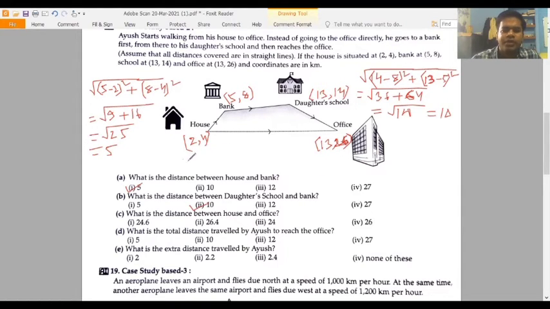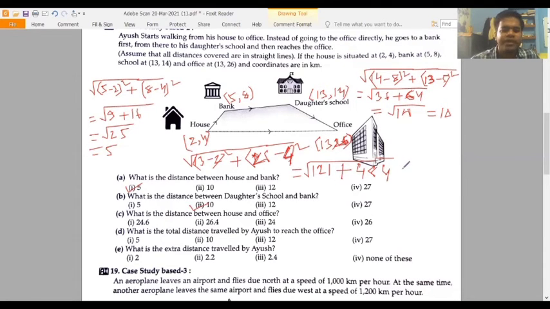Same formula: 13 minus 2 whole square plus 26 minus 4 whole square. 13 minus 2 is 11, squared 121. 26 minus 4 is 22, squared 484.